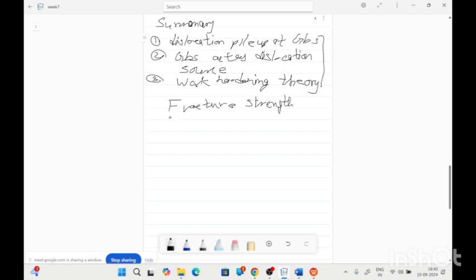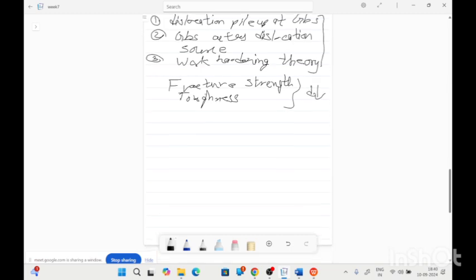Fracture strength and toughness also improve with decrease in grain size, but the creep resistance of the material will be low, because creep is dependent on the grain boundary sliding method.